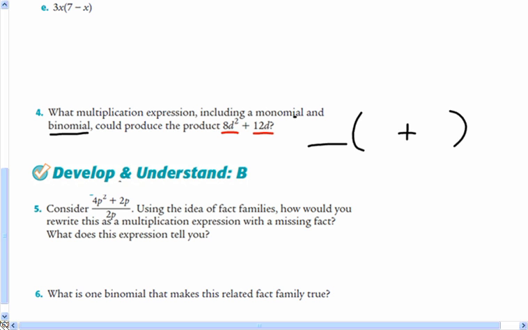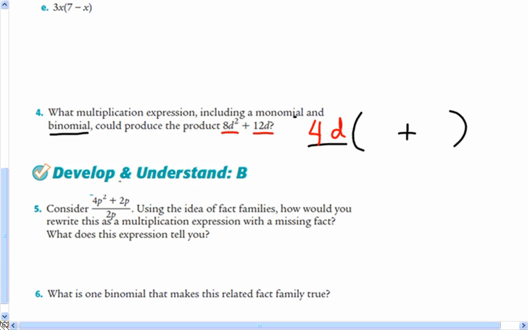I notice a couple things. There's a d in both of those, so I could multiply something with a d in it. And I also notice that both those numbers are even, so both could be multiplied by 2. Both of those are multiples of 4, so that's the one I'm going to pick. I'm going to try and get the largest number that is a factor of both of those.